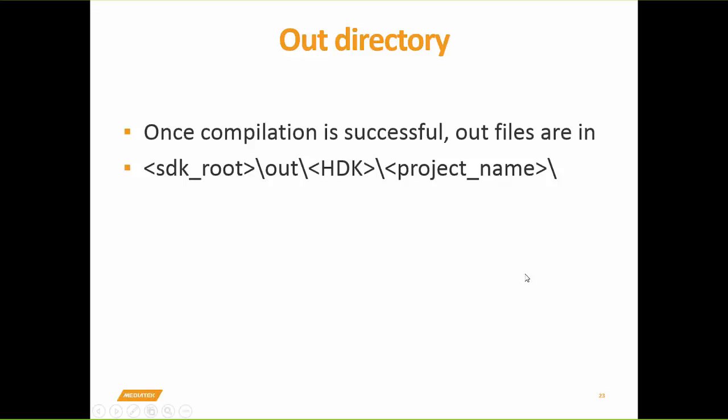Next thing we will be looking at is the out directory. Once the compilation is successful, you can find the out files in your SDK root. There's an out directory, and again you will have the HDKs, so the MT7687, and then the project name you just compiled.